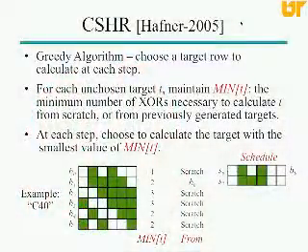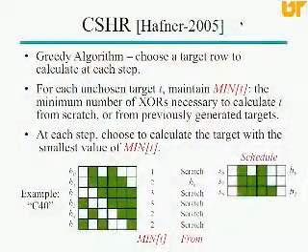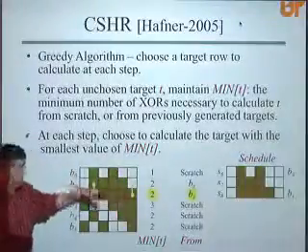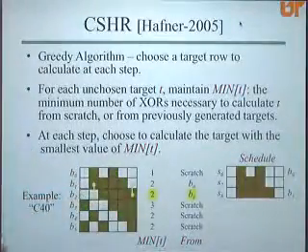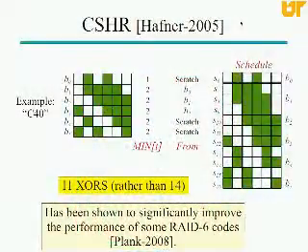If I choose B1 next, then I'm going to go ahead and calculate it with 2 XORs. And then I see that if I start with that one, now I can encode this one with just 2. And so it works in that way. Nice, simple algorithm, very easy to implement. Okay, so if you use this to encode, there's the final schedule for that matrix, which takes 11 XORs rather than 14.